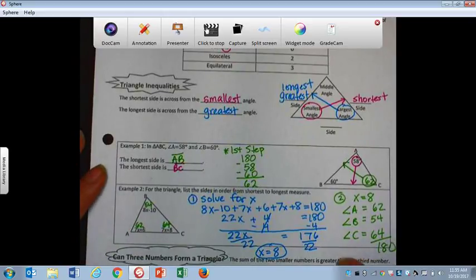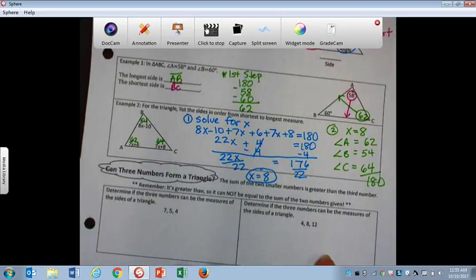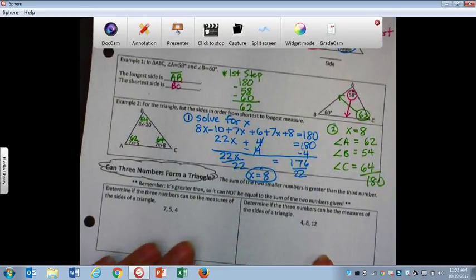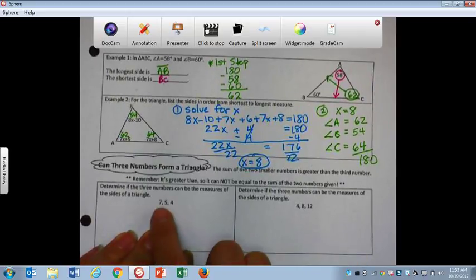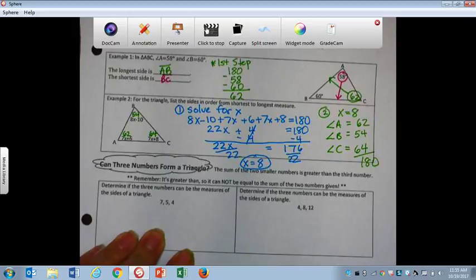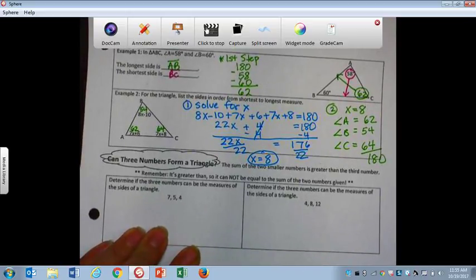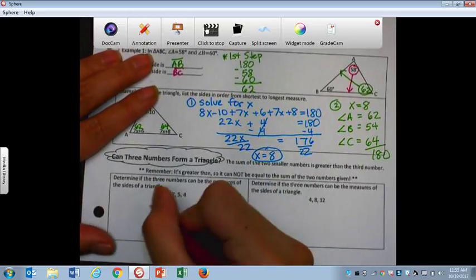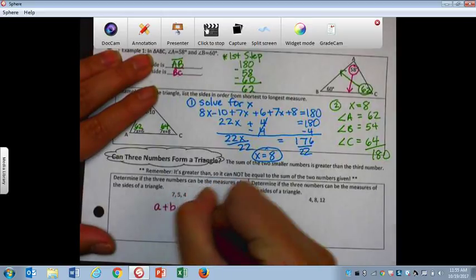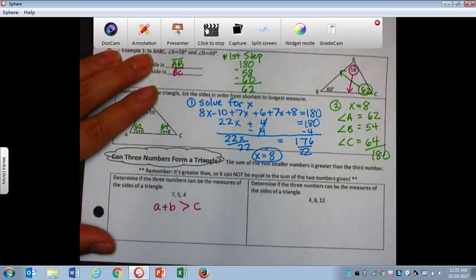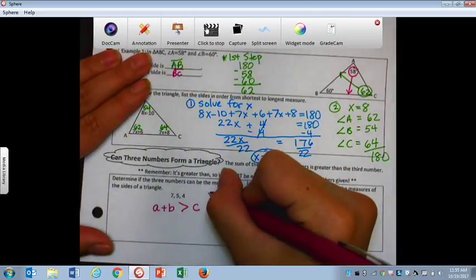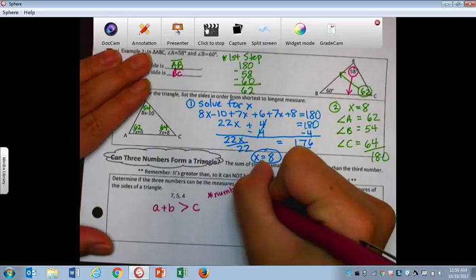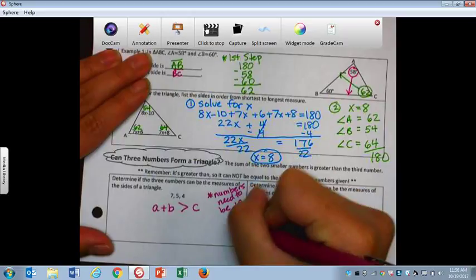Next thing, we're going to ask ourselves, can three numbers form a triangle? You're going to look at these three numbers, and you have to put them in order. First things first, here's the rule: you have to add the two smaller numbers, A plus B has to be greater than C. You have to remember that numbers need to be in order.